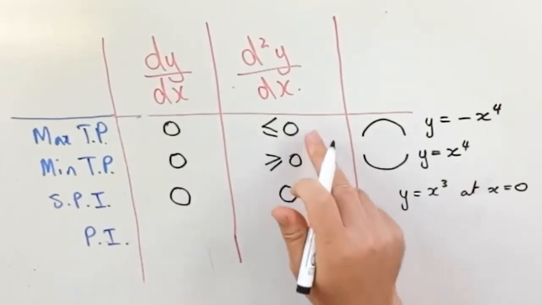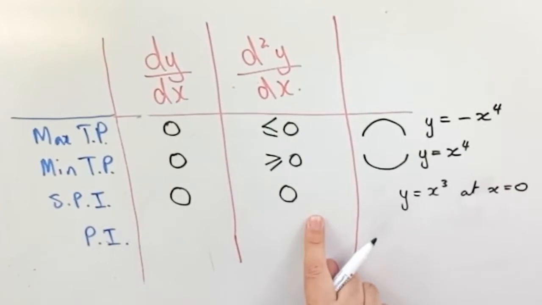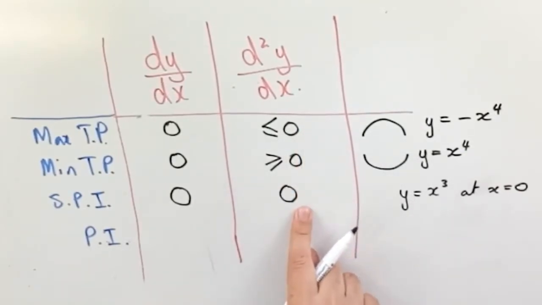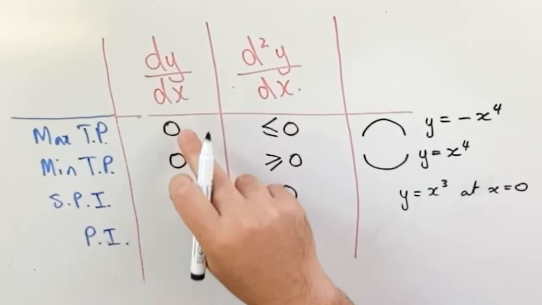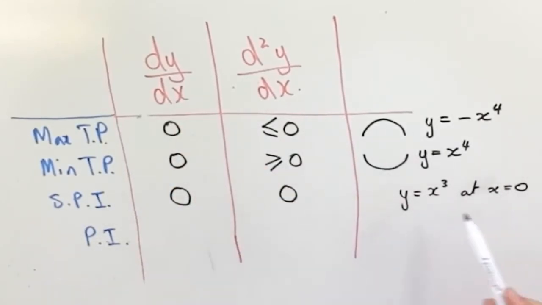So in each case I've got the derivative equal to 0 and the double derivative equal to 0, but I either have a maximum, minimum, or stationary point of inflection. So if you get 0 for the double derivative and the derivative function, you do a little bit more searching to work out what it is.